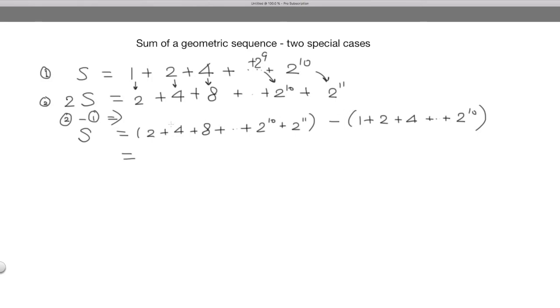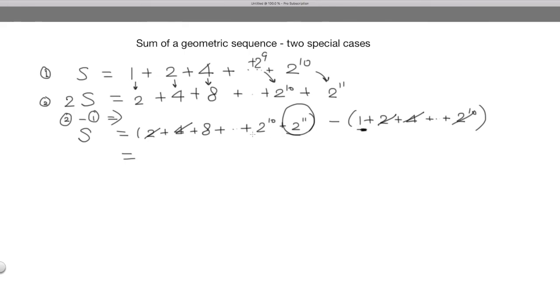And that's exactly because I'm multiplying by 2, which is the ratio between the next term and the current term. So by multiplying by 2, I transfer the current term to the next term. So I cancel a lot of common things. The 2 appears there, 4 appears there, except that the last term, there's no last term, and the first term of the right side of the first equation, the 1, does not exist, right?